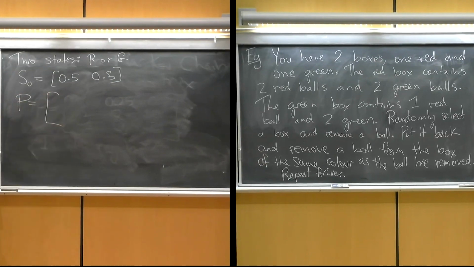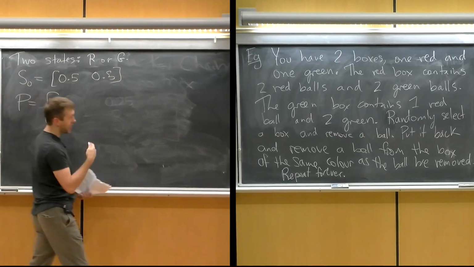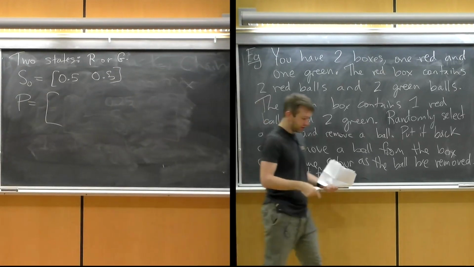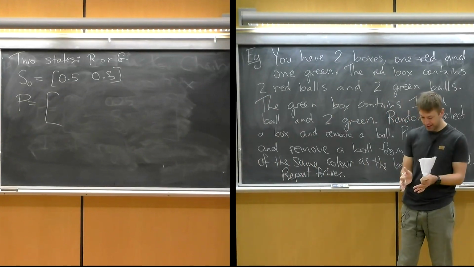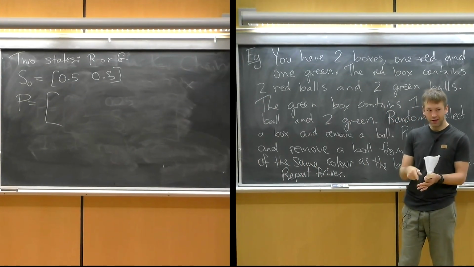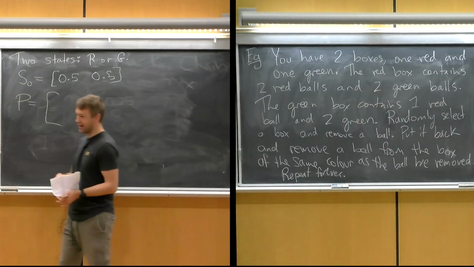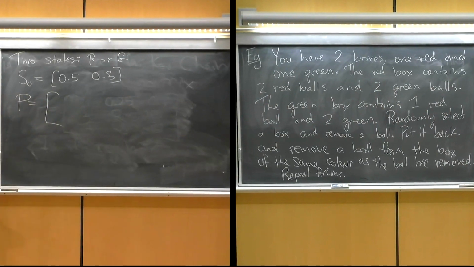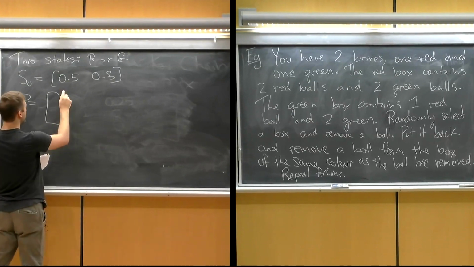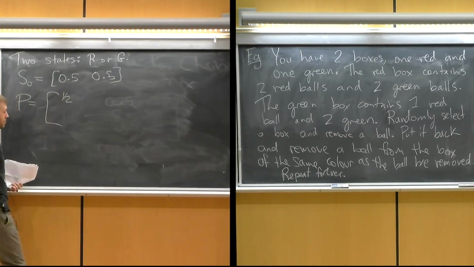Okay, our transition matrix. Suppose my current state is red, which means I'm picking from the red box. What's the probability that my next state is red if I'm picking from the red box? I'm going to start writing this as fractions. I know I'm kind of mixing up fractions and decimals, but it's going to become better to use fractions in a minute.